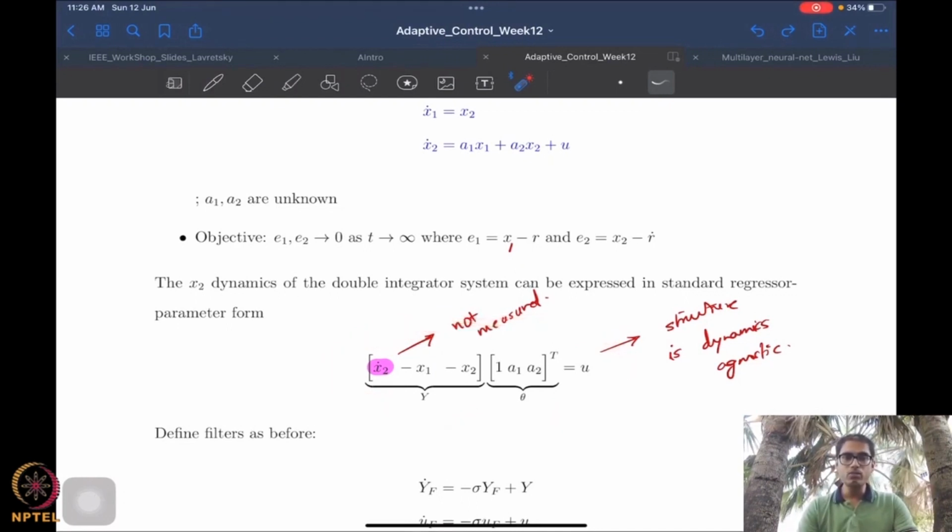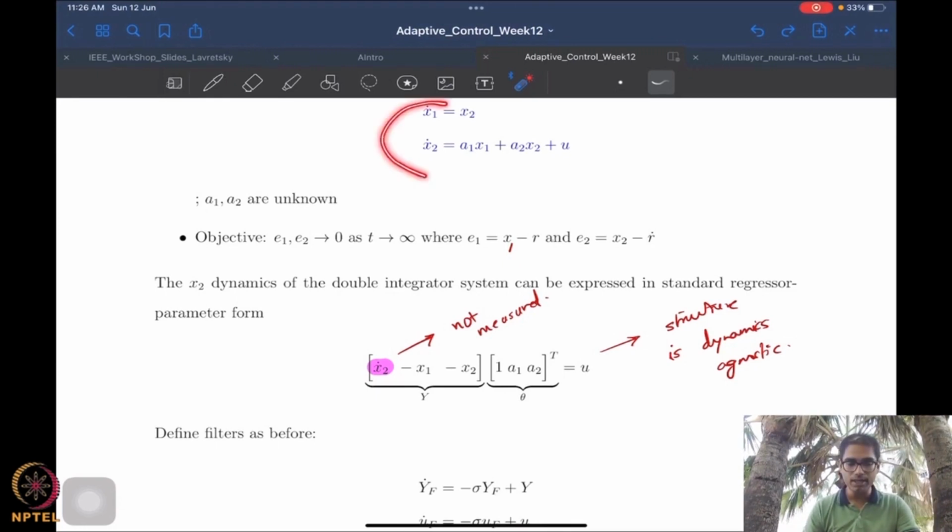It doesn't matter what's the order, it doesn't matter what kind of dynamical system it is. As long as you can write the system in a regressor parameter form, that is Y theta equal to u, then you can design your adaptive controller for any system.